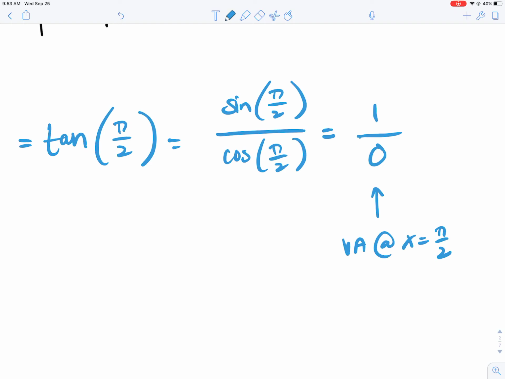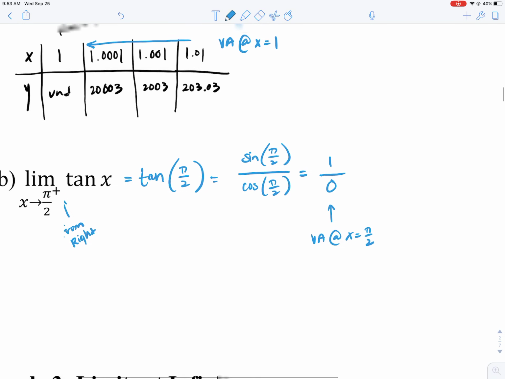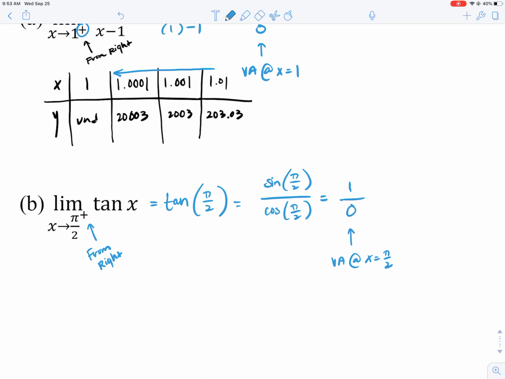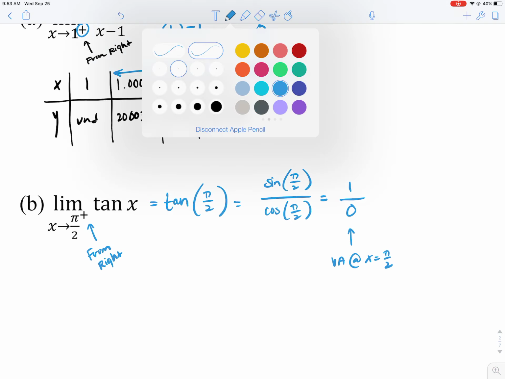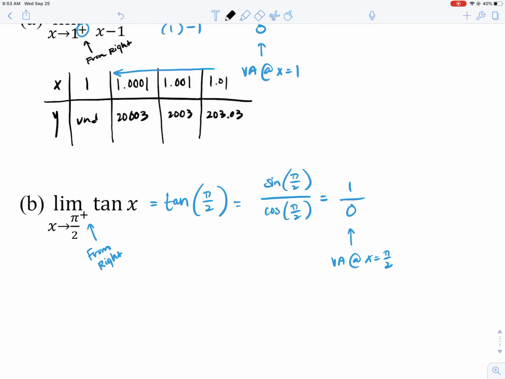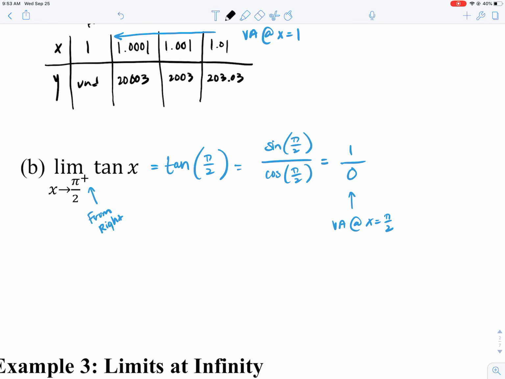And because it's a one-sided limit, we need to say which infinity the graph is approaching. You could make a table of values, or you could think about graphing. I think you guys are so familiar with the graph of tangent, or you should be. So I'm just going to do a sketch of tangent. I'll put pi over 2, pi, 3 pi over 2, 2 pi, and negative pi over 2.